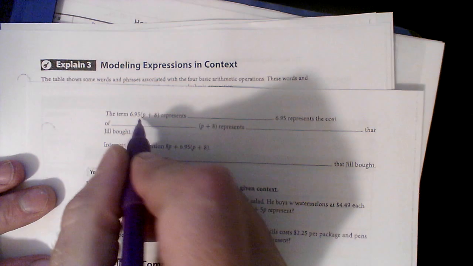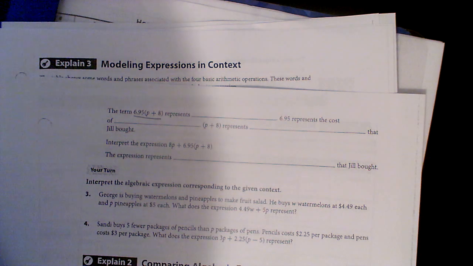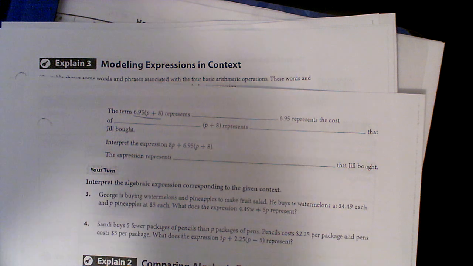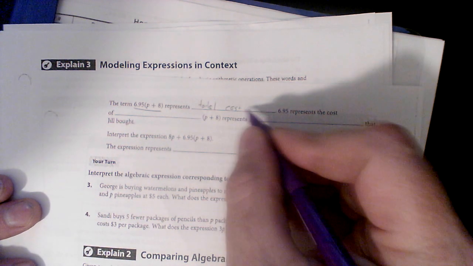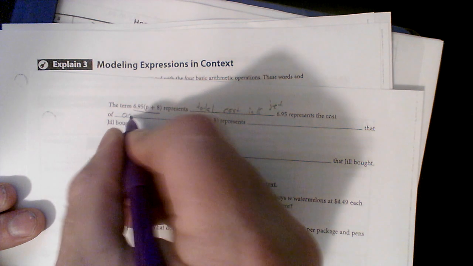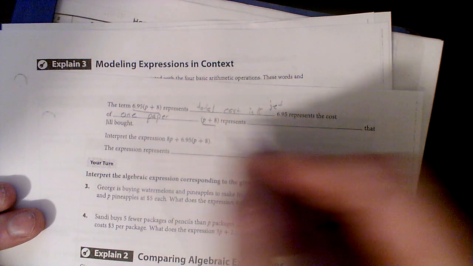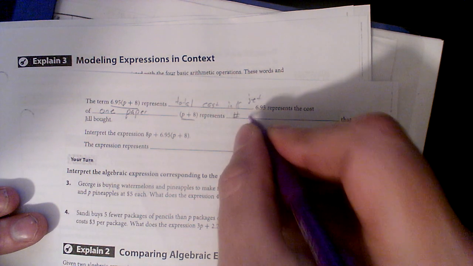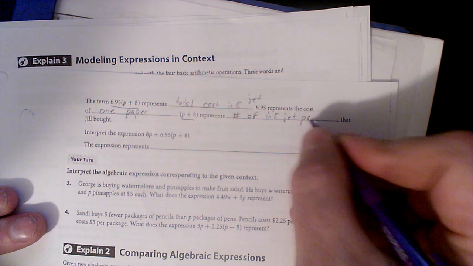Now, there's a couple more questions over here, right up top. This one right there is the total cost, and we should write that. So that's the total cost of the inkjet. And $6.95 represents the cost of one package of paper, and 8 plus 8 represents the number of inkjet paper, reams, I guess.